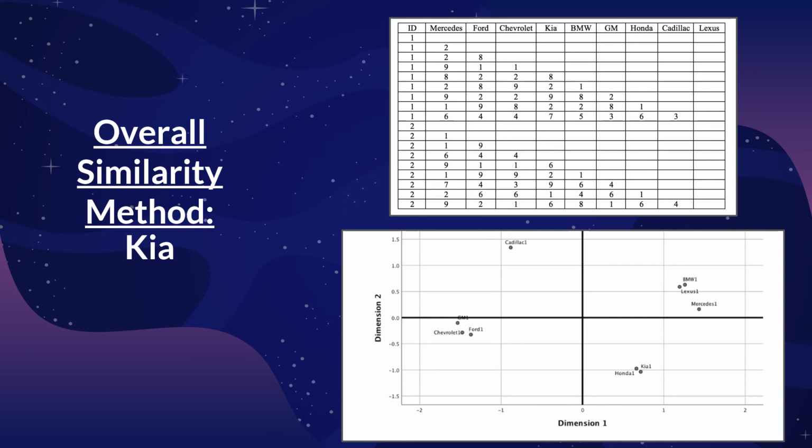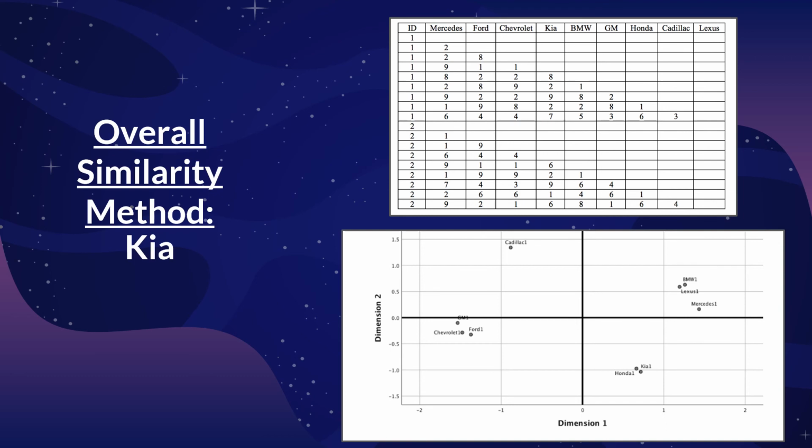The dimensions or attributes used to assess the differences between brands were not yet determined prior to the creation of this perceptual map. Upon looking at this map, it could be said that this respondent's interpretation of dimension 1 is whether or not the brand is a luxury brand.